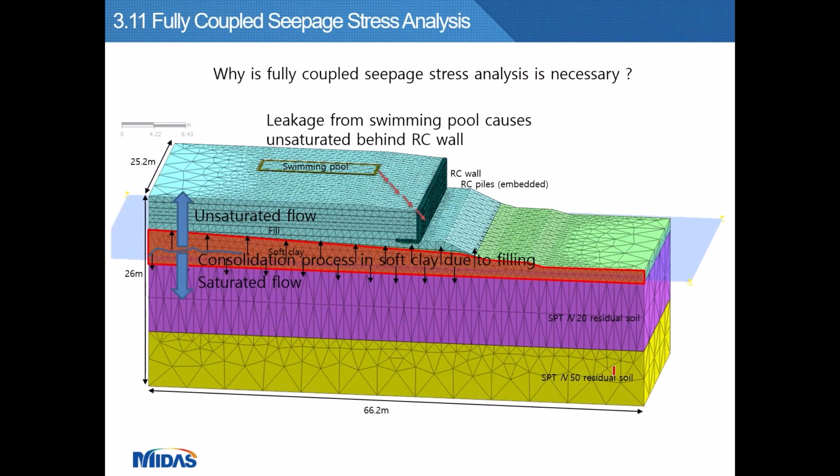And now we come to the modeling part. This is the three-dimensional finite element model with indications of the subsoil layering. And we have to use fully coupled effective stress analysis because these simulations involve the consolidation process in soft clay due to the filling, and also the unsaturated flows in the unsaturated fill.